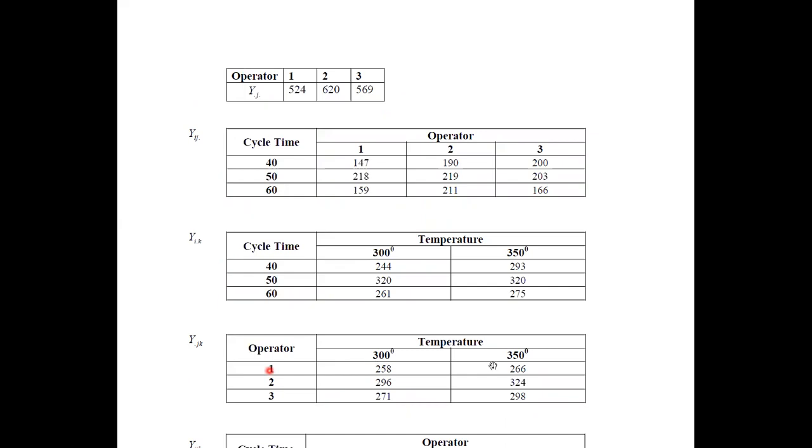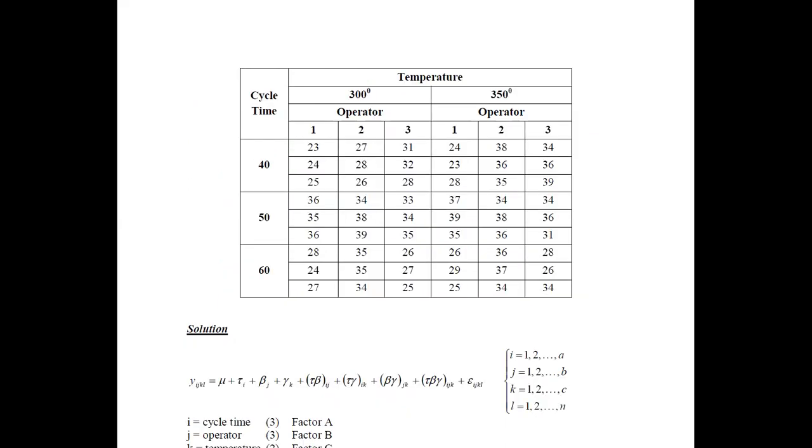this operator 1 with 300, operator 1 with 350. Therefore, if you go back to this one, first you need to take the operator 1 with 300. Therefore, these values need to be identified. Then operator 1 with 350, you need to take this set of values.